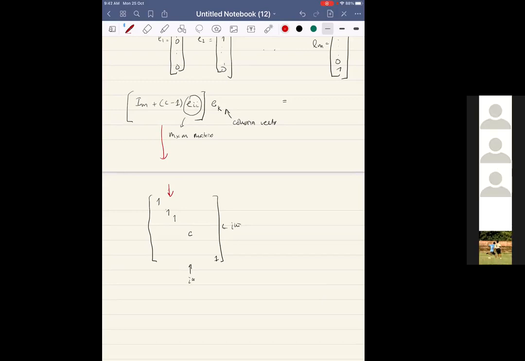Because the identity matrix in the diagonal spot contributes 1, and C minus 1 times the E_ii contributes C minus 1. So when I add up, I get C. Do you see?